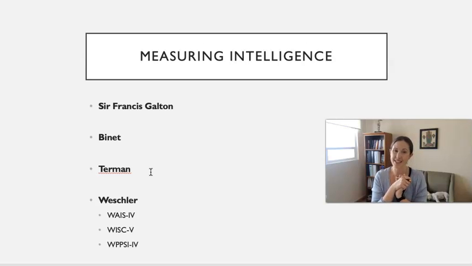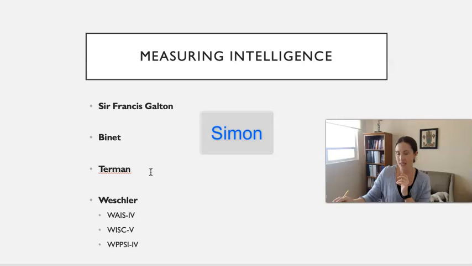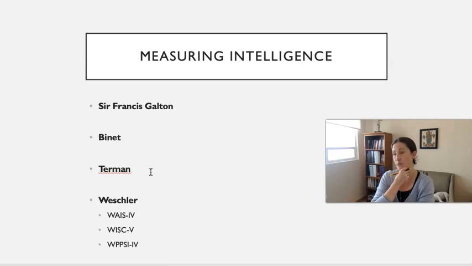Galton's test was not the most reliable. So Binet and Simon were the ones who created the first reliable intelligence test. It was in France. The French government was going to have universal education, free public school, and they wanted to be able to identify who needed help who hadn't been in school before.